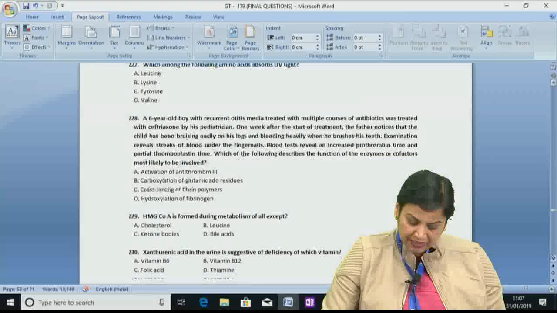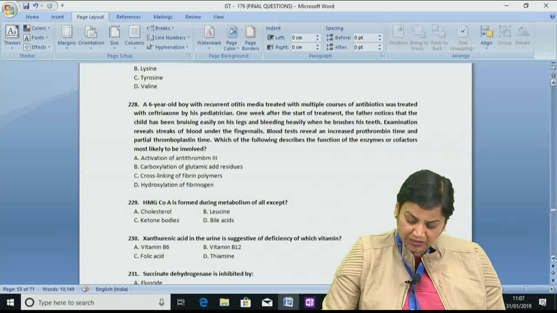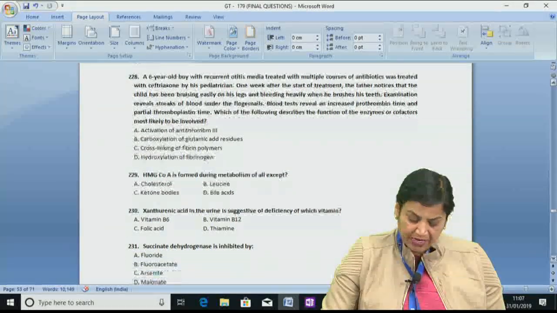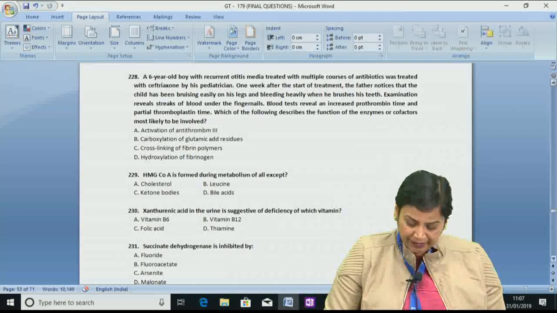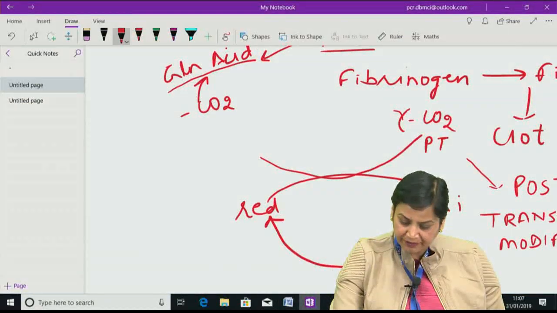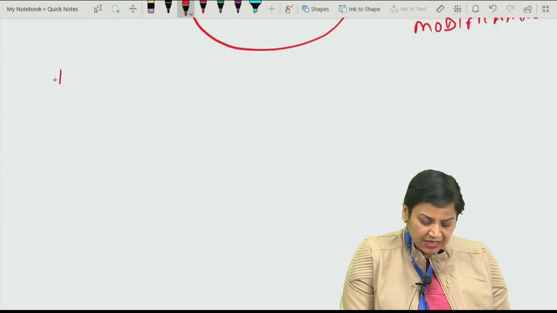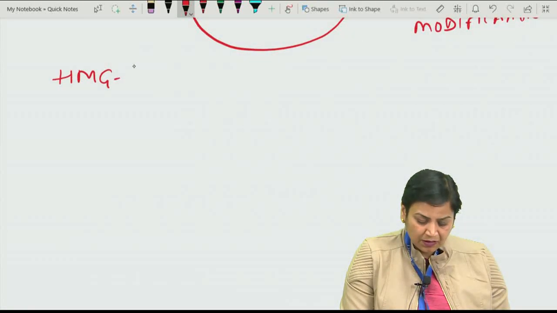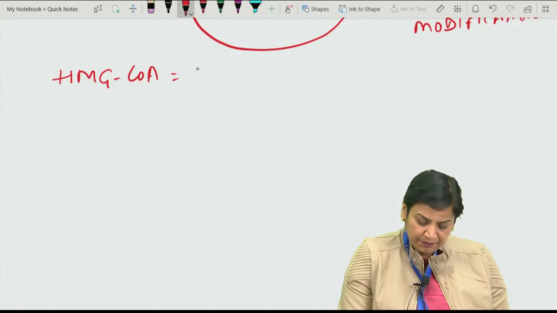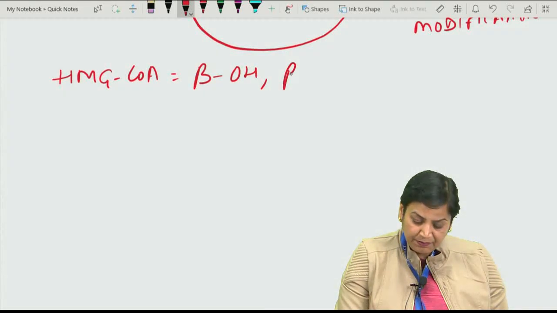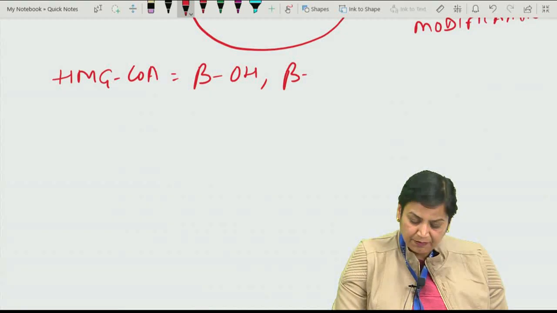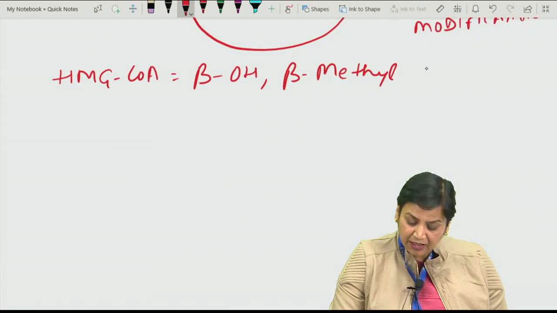HMG-CoA is formed during the metabolism of all except. Now see, what is this HMG-CoA? HMG-CoA is beta-hydroxy beta-methylglutaryl CoA.